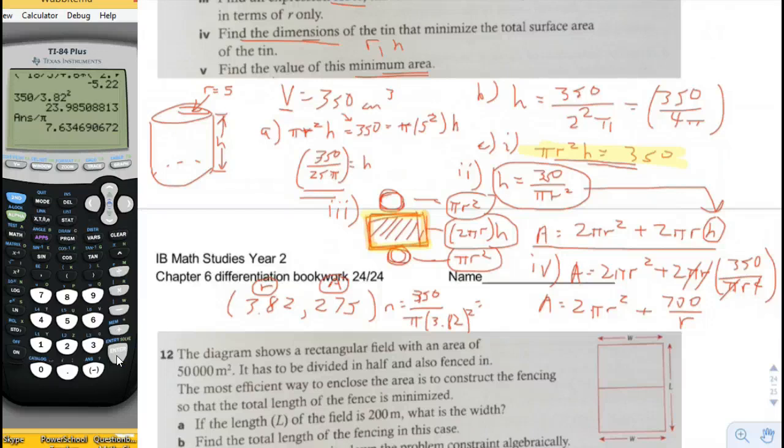The answer would be 7.63. So the height is equal to 7.63. Okay, so the radius would be 3.82 and the height would be 7.63.